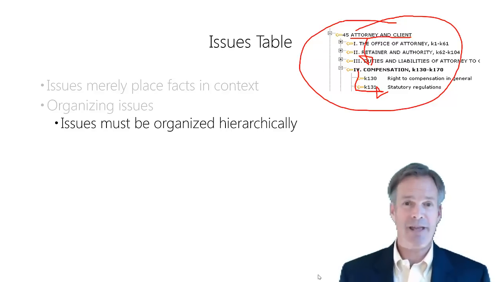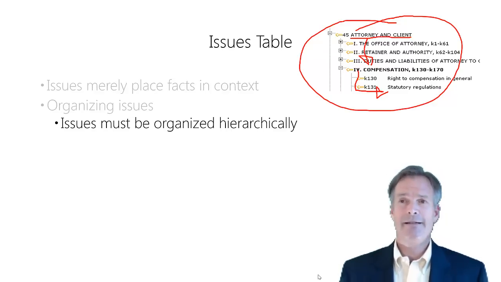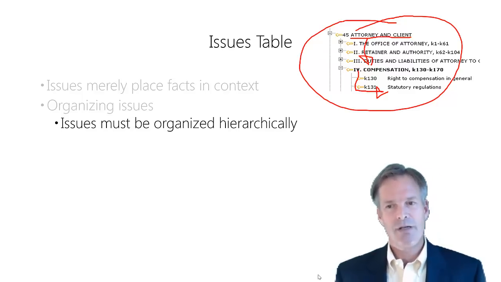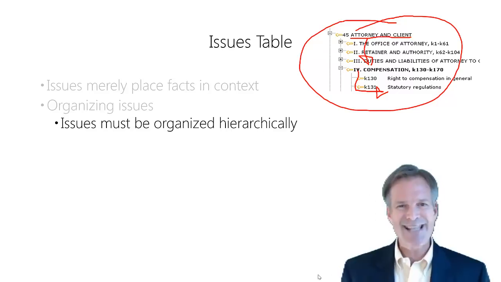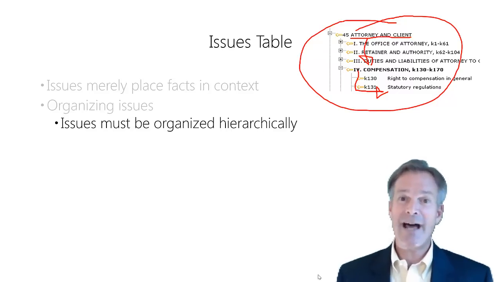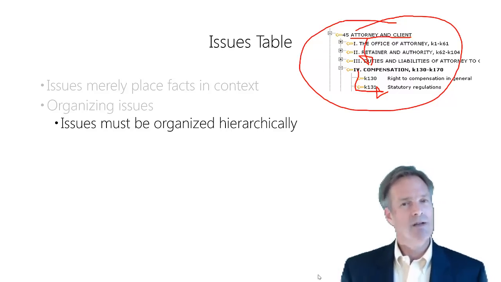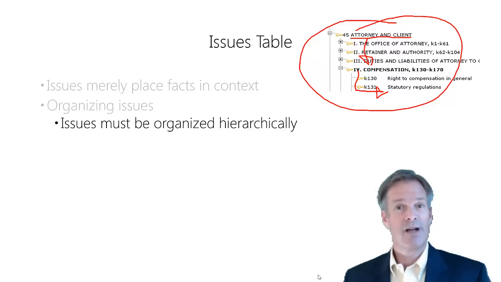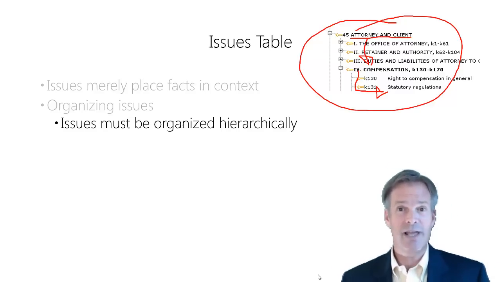Damages, you're going to have general damages like pain and suffering, loss of love and affection, and then special damages, medical expenses, lost wages, future medicals. All of those need separate sub-tabs in that hierarchical organization of issues. Again, just so you can logically organize your case, but also so you can filter out issues as you go.